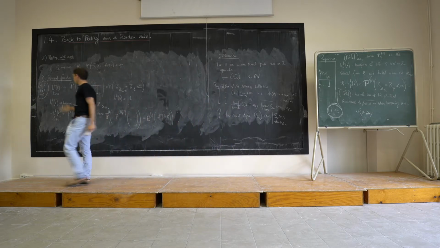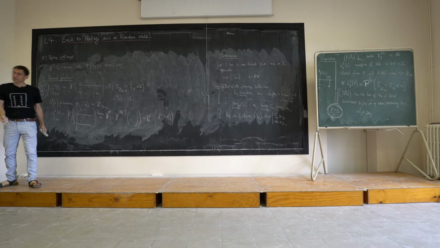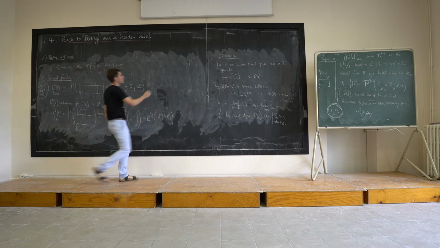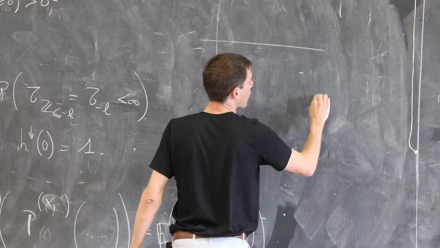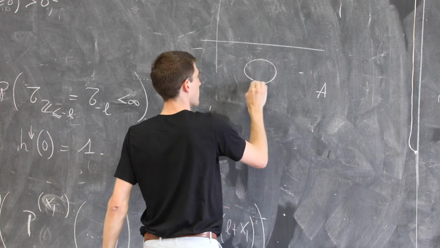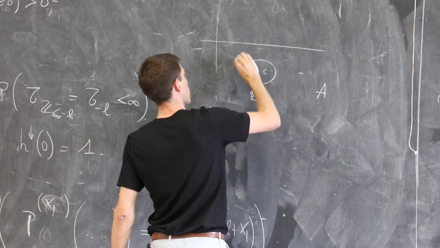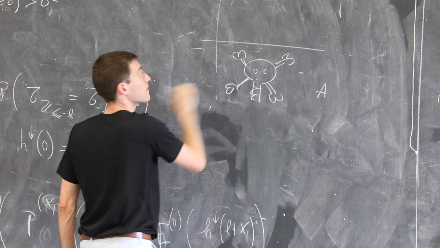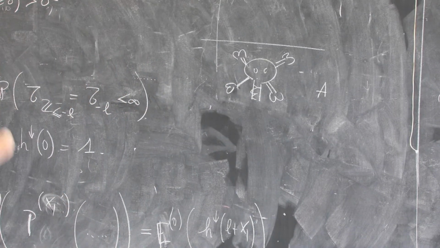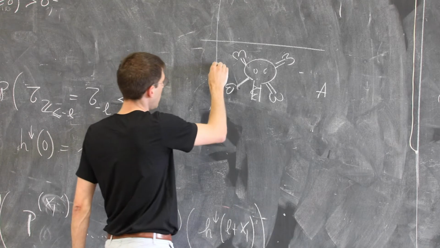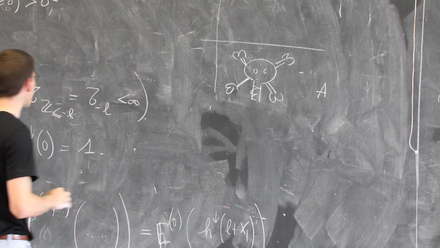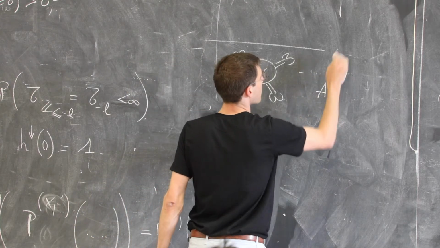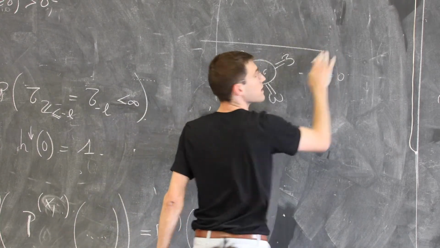Okay, but remember, we want to condition the walk to stay positive. We've got our set A, which is, you know, a death's head. We don't want to get here. We don't want to get here. And so we want to find a harmonic function which is equal to 0 here and which is harmonic here.